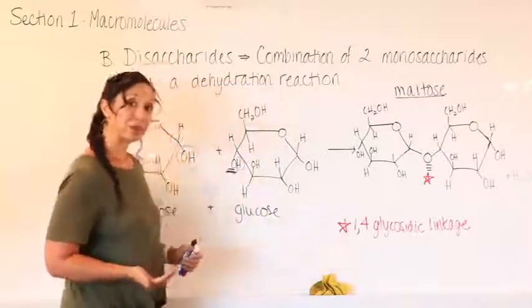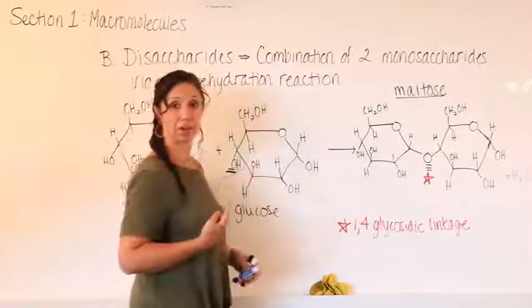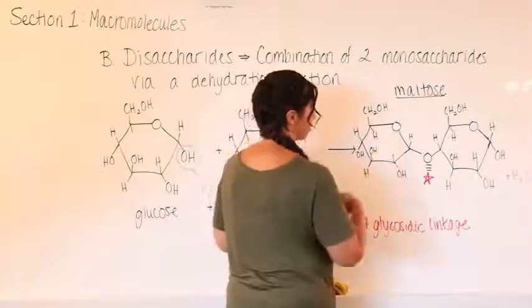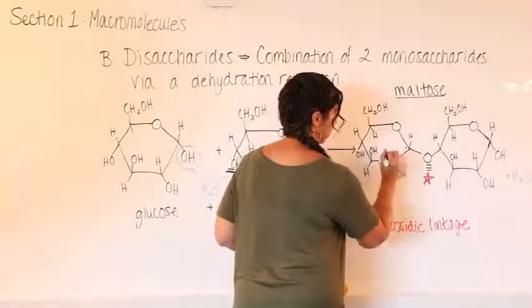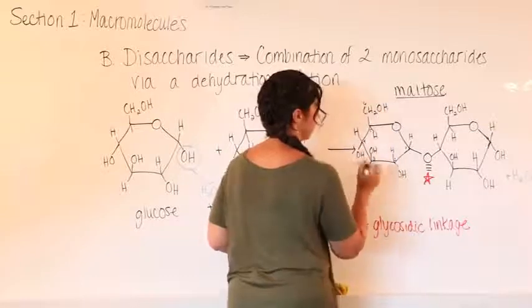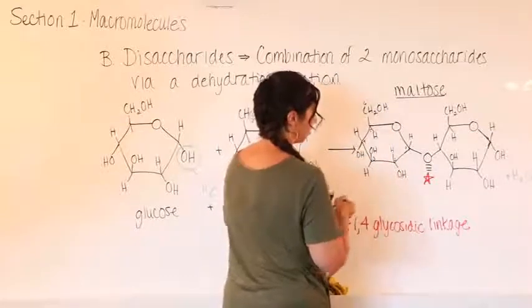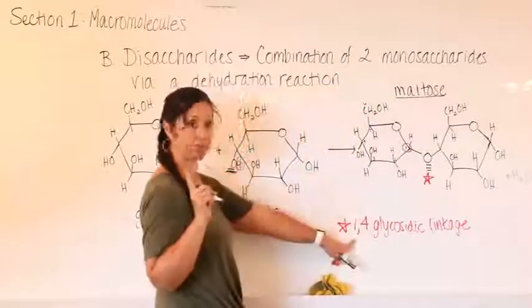So remember how we numbered the carbons in glucose? We always start at the oxygen and then work your way clockwise. So this oxygen right here, this will be carbon number 1, number 2, just got my hydrogen, number 3, 4, 5, 6. So this is carbon number 1 right here. So that's where the 1 comes from on this one.